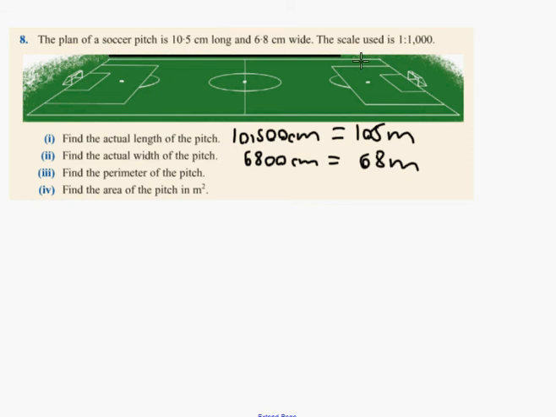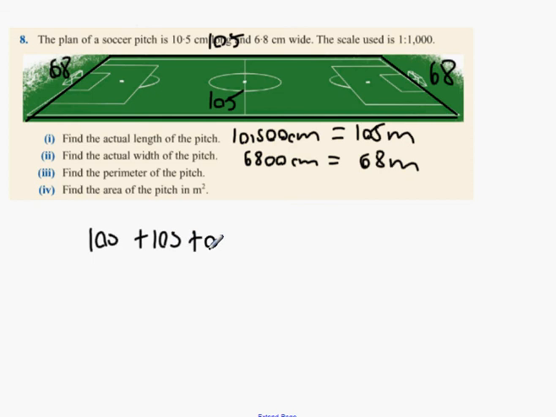So it wants me to go around. This is actually a rectangle, but it's sort of like a 3D tint on it. So we have to add them all up together. How many 105s do we have? 2 105s and 2 68s. So 105 plus 105 plus 68 plus another 68, and what do we get?